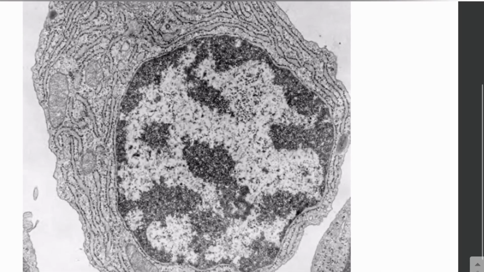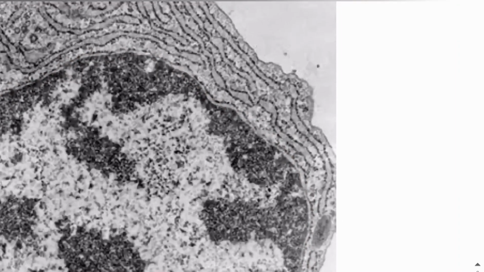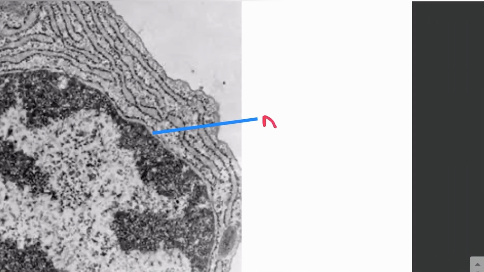So guys, we can see that in the center of this cell, this large or huge structure is the nucleus, right? And the nucleus has its membrane, so we can label this membrane as the nuclear envelope. As we all know, the membrane of the nucleus is the nuclear envelope.